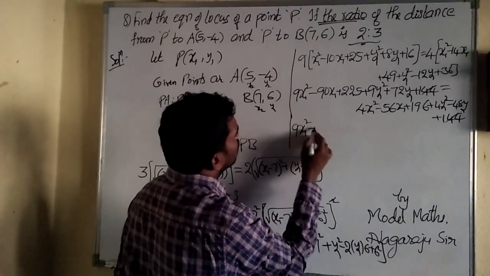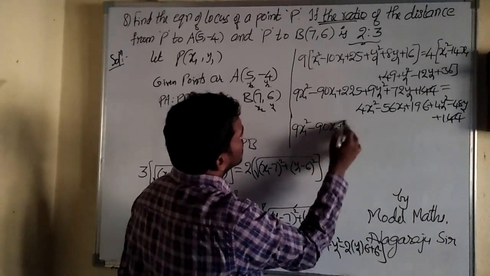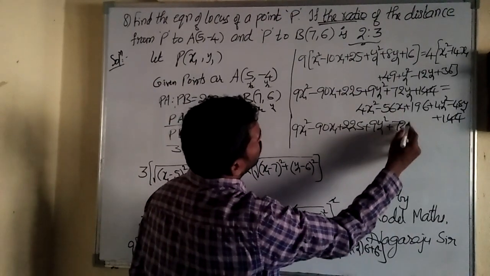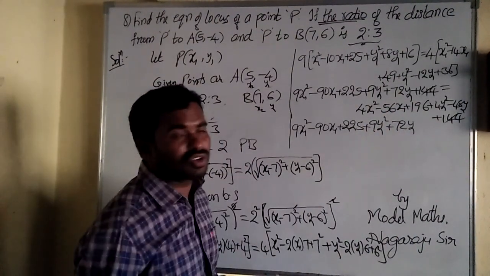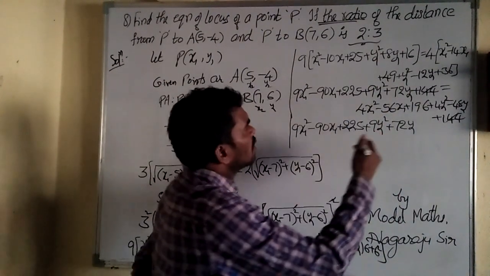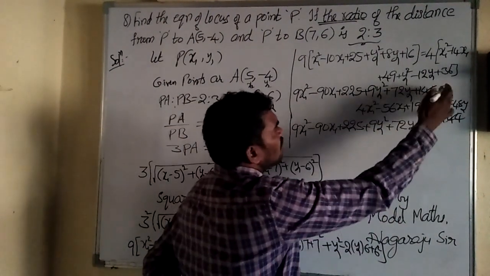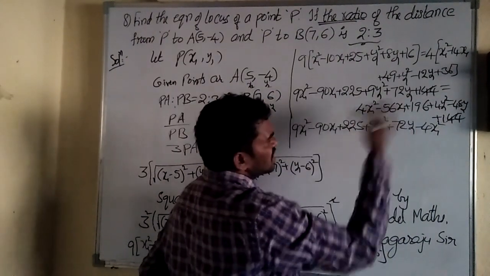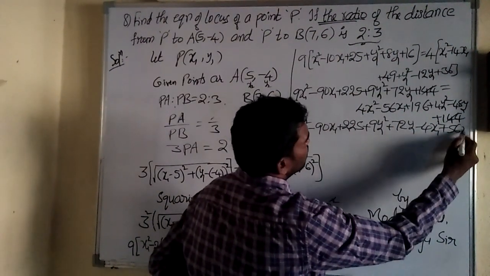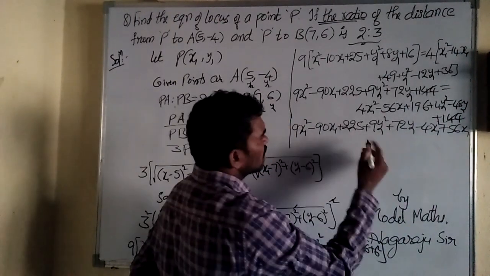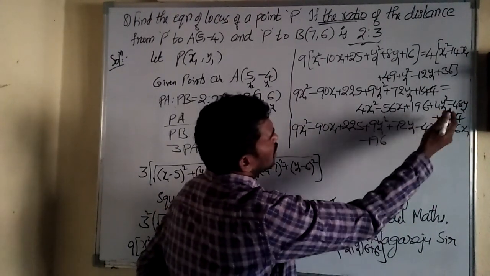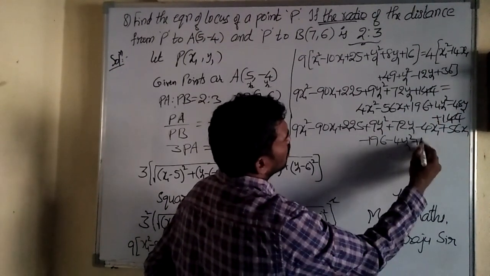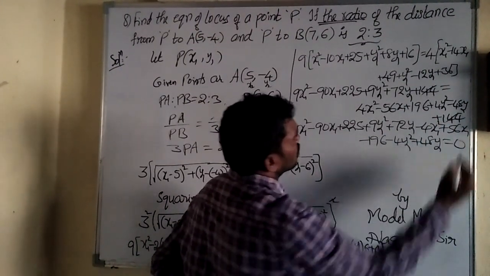So as it is I am writing minus 90x1 plus 225 plus 9y1 square plus 72y1, and whatever terms are after the equal sign, bring them to the left side. So 4x1 square becomes minus 4x1 square, minus 56x1 becomes plus 56x1, plus 196 becomes minus 196, plus 4y1 square becomes minus 4y1 square, minus 48 becomes plus 48y1 is equal to 0.